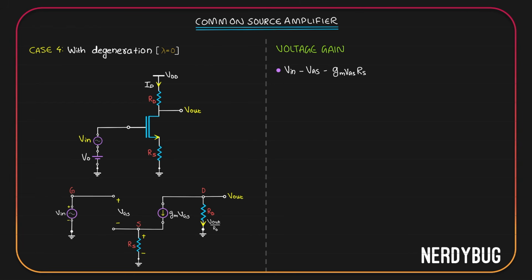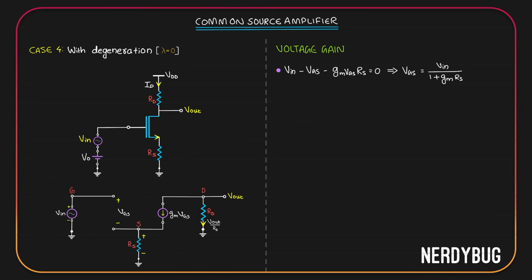Now, according to Kirchhoff's voltage law, the sum should be equal to 0. From this equation, we can write VGS in terms of V in. VGS is V in divided by 1 plus GMRS. Let it be there. Take a look at the node over here. There are two currents. One is GM-VGS going out of the node. The other is V out by RD also going out of the node.